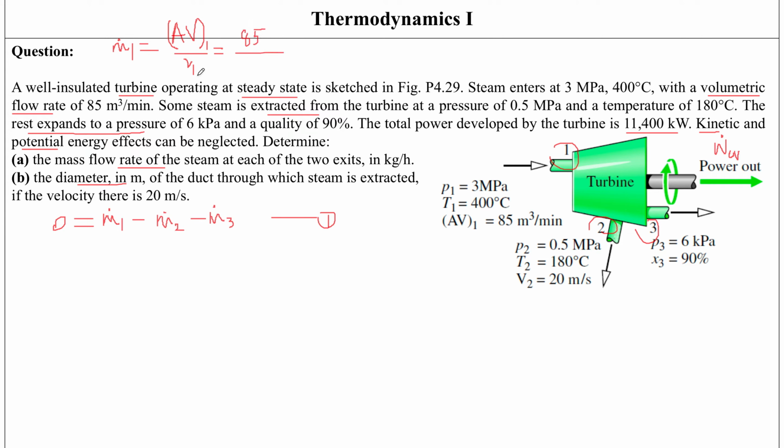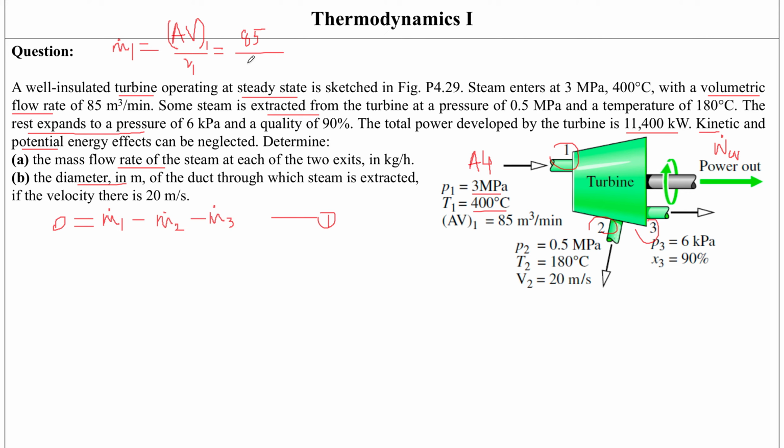divided by specific volume here that you need to find out, and you can find it out. And how do you know that? You've got temperature and pressure information given to you. So you can go into the tables, and I'll give you a hint, go to table A4 and find out the specific volume at 1. You're going to have to work with the units here as well, because this is in meter cube per minute, and the specific volume that you find is going to be some value in meter cube per kilogram.